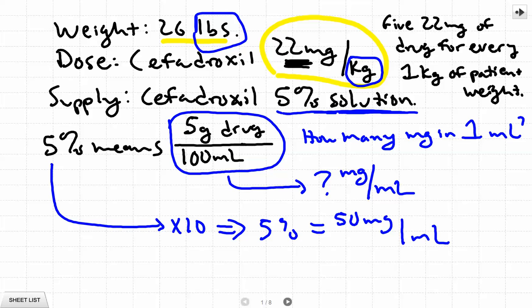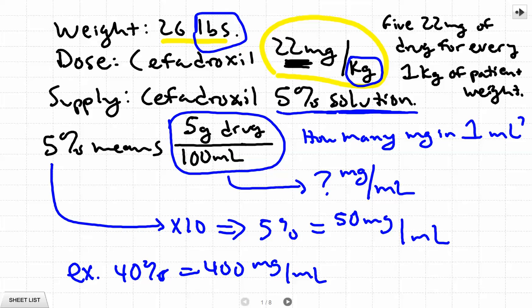When you see the percent concentration, in order to change into the number of milligrams in 1 milliliter, take the value in the percentage and multiply by 10. So as another example, if you had a 40% concentration, that would mean 400 milligrams in 1 milliliter, because 40 times 10 gives you 400.